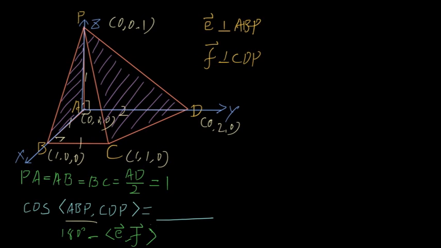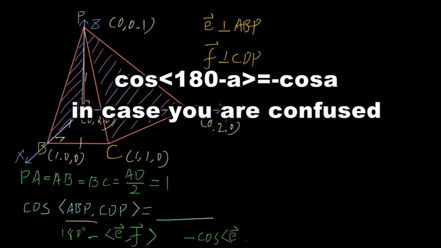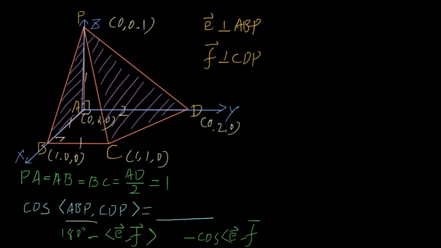And that means this whole thing is equal to negative cosine of vector E and vector F. But what if the value we calculated, the angle between vector E and vector F, is an acute angle? An acute angle has a positive cosine value.